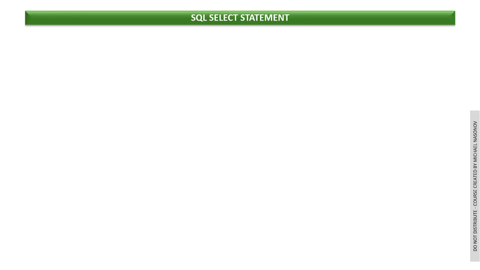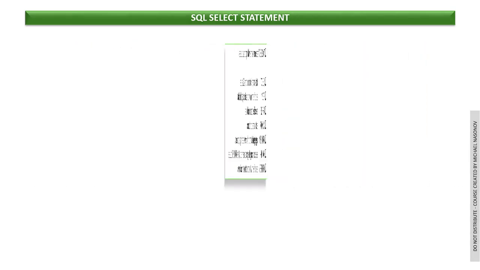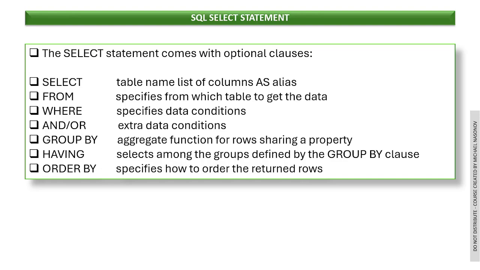The major foundation, kind of mandatory for everybody who works in the IT industry to know, is the SQL SELECT statement. The SELECT statement comes with some optional clauses. First of all, select a table name or a list of columns from a table name, and you can assign an alias.